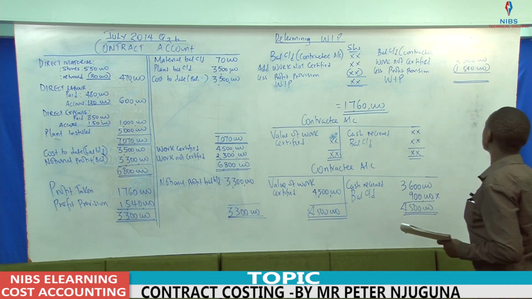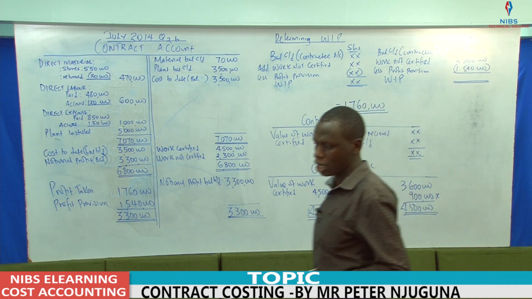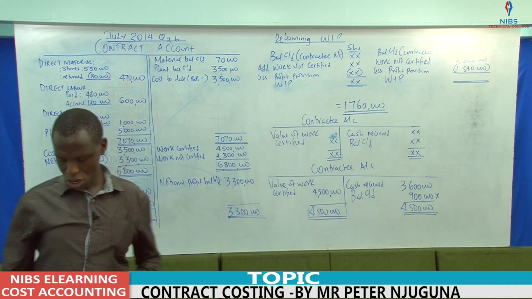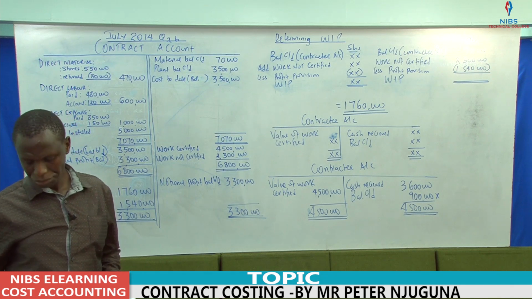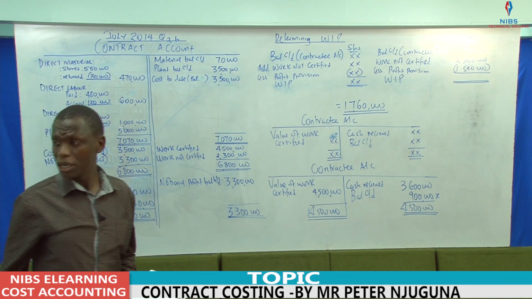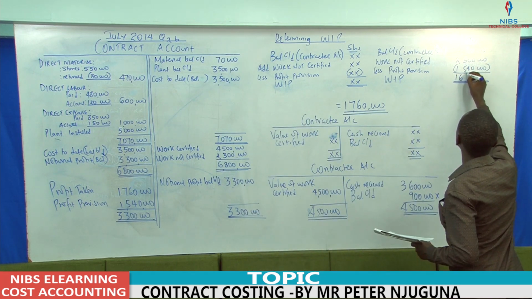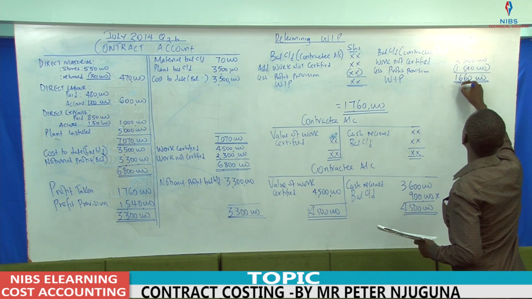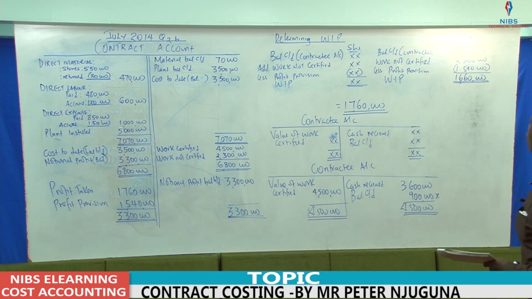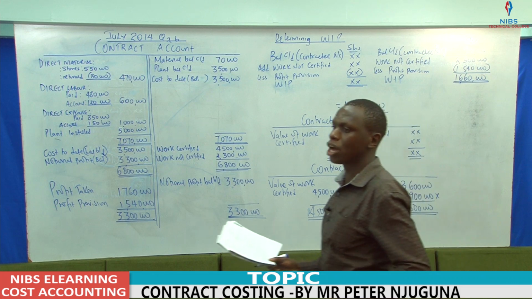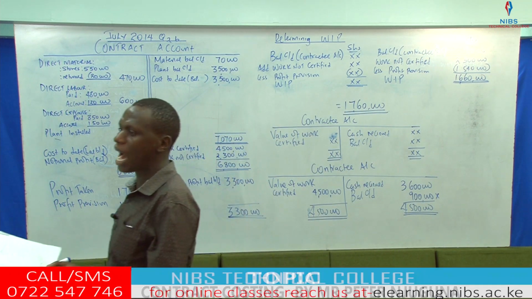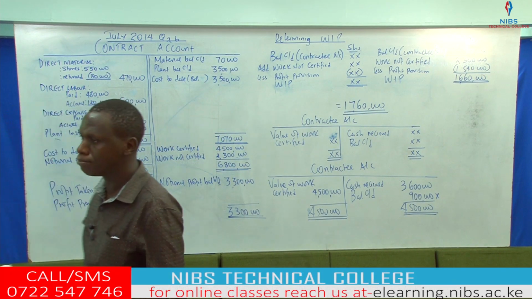So can we get work in progress as per our question? If you are keen, you will get 1,660,000. That is the work in progress. And that is how you should have prepared that question for you to earn a total of 12 marks.